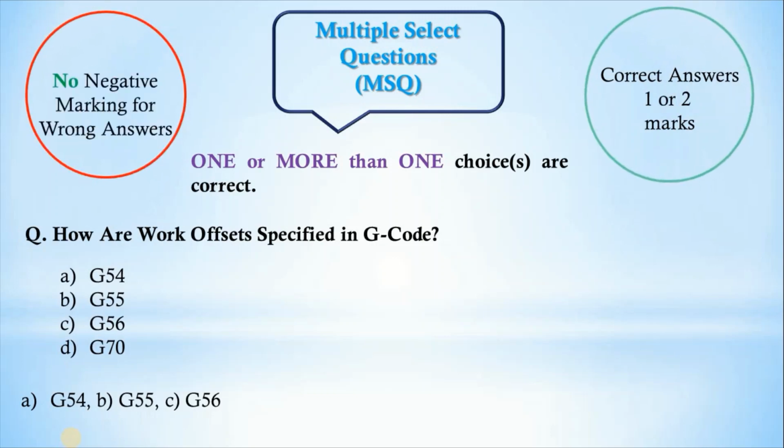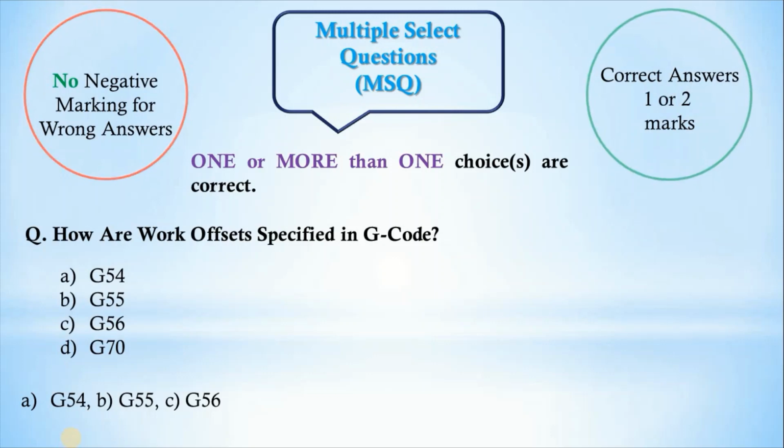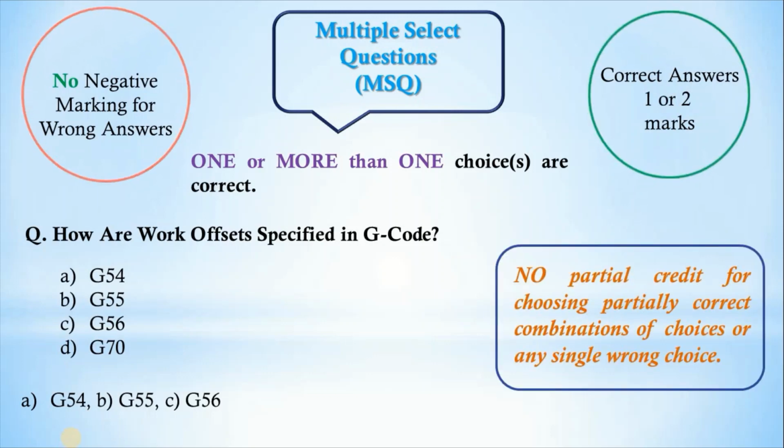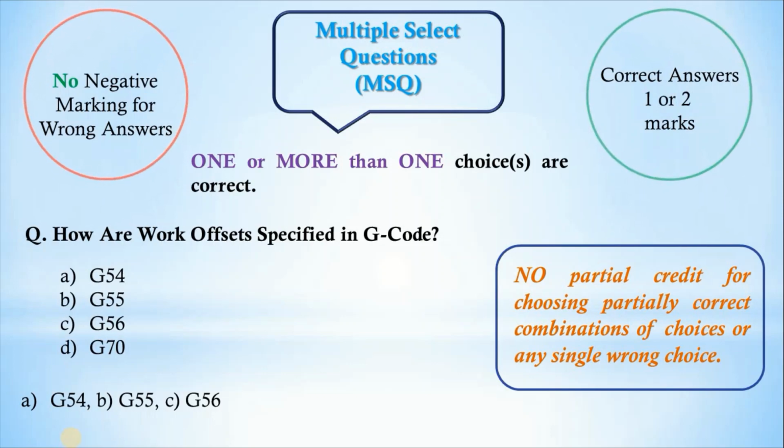Now here there will be no negative marking for wrong answers in MSQ questions. However, there is no partial credit for choosing partially correct combinations of choices or any single wrong choice. So here the 3 options are correct. If you select any 2 or any 1, then you will not get any partial credit.